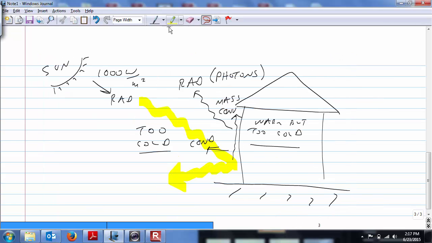So what we're going to do to fix that is come in here and build your solar collector. And so the radiation, rather than bouncing off, is going to go into your collector.